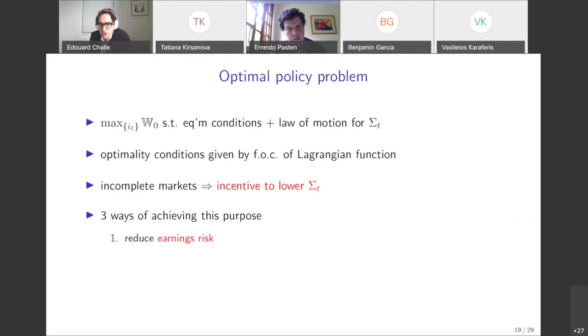How are you going to lower this big sigma t? I'm going to show you only two ways, because one is related to date zero, and I want to skip date zero for lack of time. So there are at least two ways to lower sigma t. If idiosyncratic risk is cyclical, you can manipulate output in a way that reduces idiosyncratic risk.